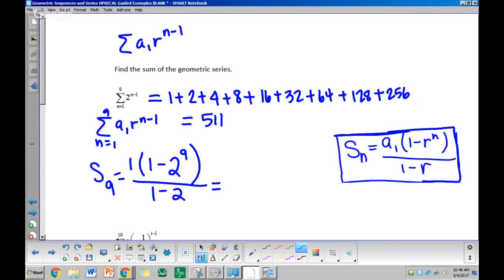So this turns out to be 1 minus 2 to the 9th. It's 512, right? And that's negative 1 on the bottom, which makes it 511. It works. Wait a second. Why is the difference 2 for the r? Okay, sure, I see. Never mind.